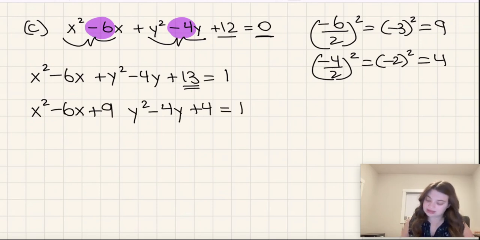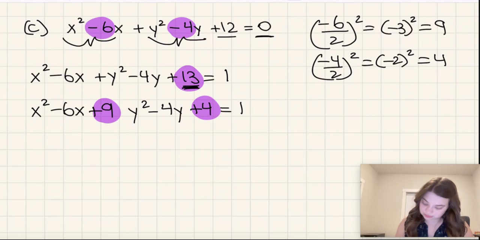So all I've done is I rewrote the same equation again, except I switched from 13, which we had here, and I split it up into 4 and 9, because those are the numbers we found. Then I'm going to finish the completing the square process. Oh, sorry, I dropped the plus sign here for some reason.